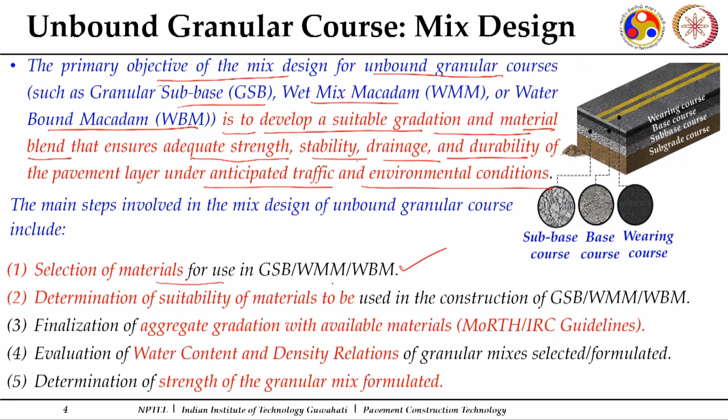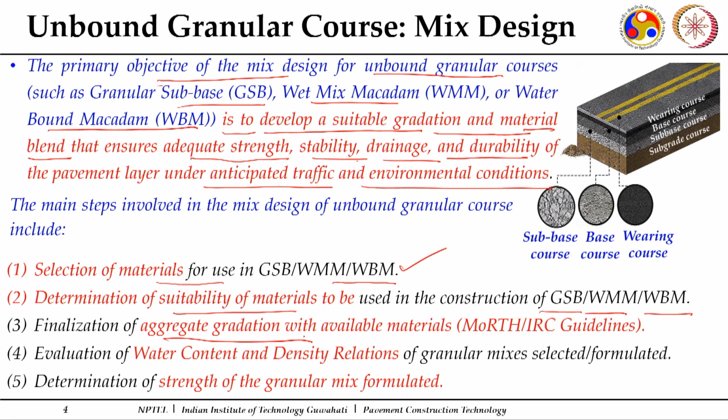So, you will always try to come up with some blend which makes use of mostly locally available materials, and before putting them to use, you need to determine the suitability of those materials, whether they are suitable for use in that particular course. Here we are talking about the unbound courses, so whether that material, especially the aggregates, are suitable for use as a granular sub-base course, wet mix macadam or a water-bound macadam.